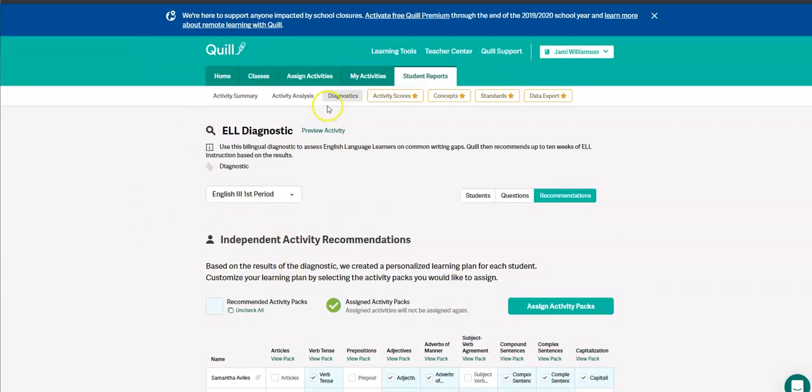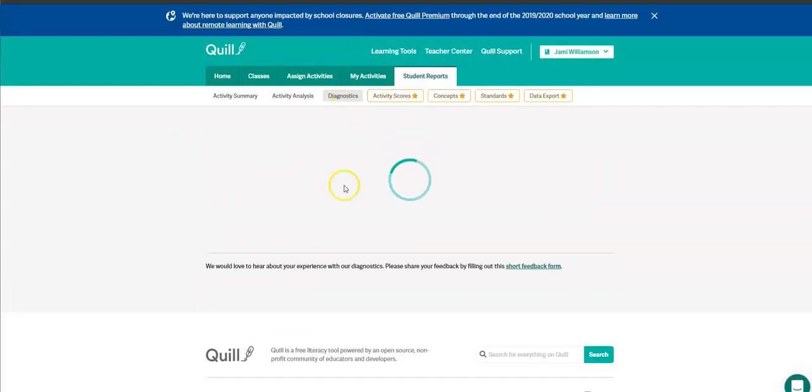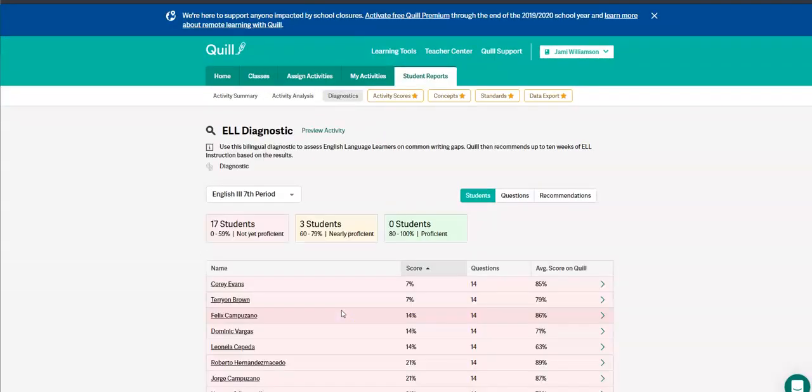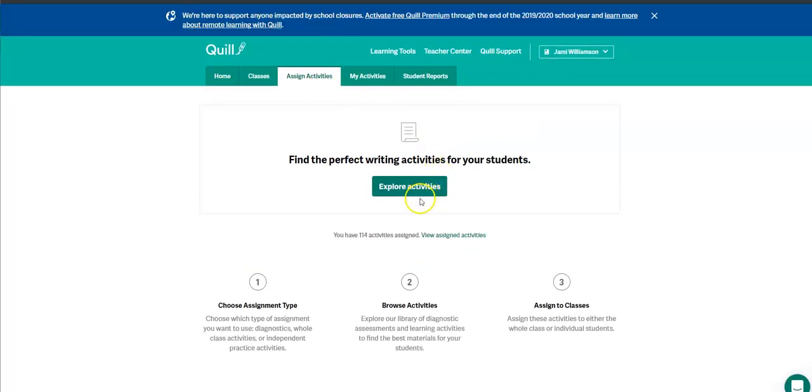Okay, one more thing before I end this screencast. What I also had them do, immediately coming back from the semester, is move up to the next level of the diagnostic. Everybody's really loud.